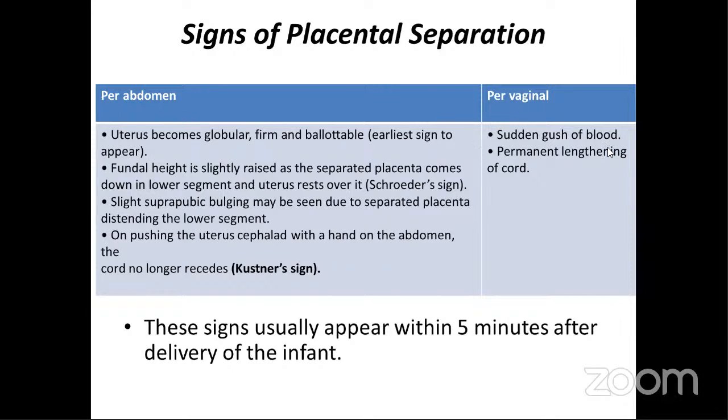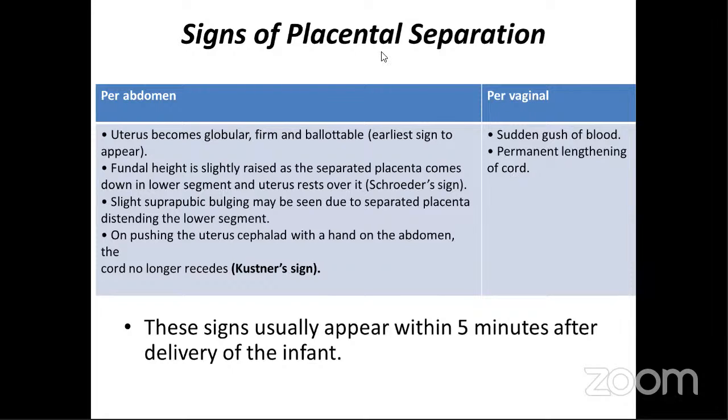Whereas per vaginally, what you'll be able to see is a sudden gush of blood, fresh blood coming out, and there is permanent lengthening of the cord. So you can see that the cord is actually kind of descending down. So how we usually identify this during a normal delivery is we clamp the cord very close to the vaginal introitus, and we keep the cord clamp at that position at the vaginal introitus.